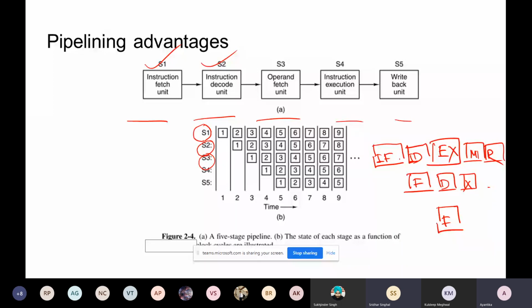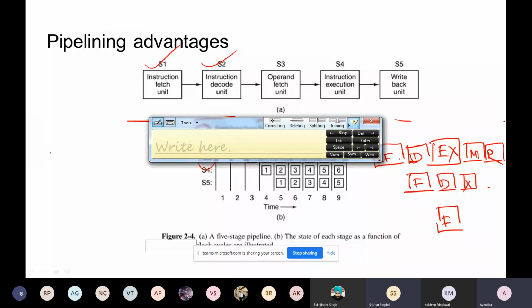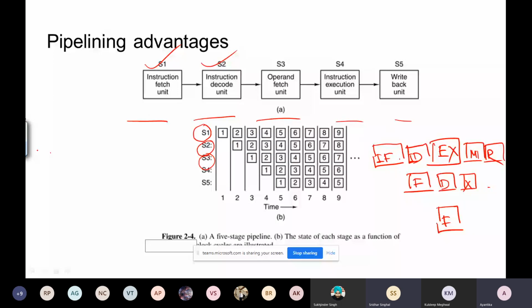Now when you are in stage 1, if there was no pipeline, think about it. What would you do? For your instruction 1, these are maybe the number of instructions. So for the first instruction, I will have instruction fetch, right?